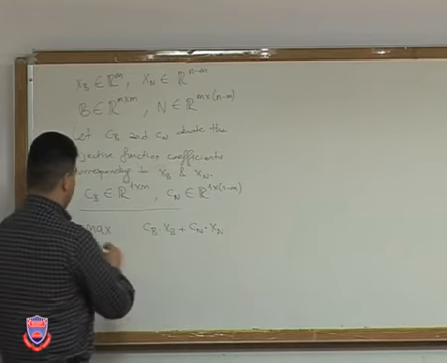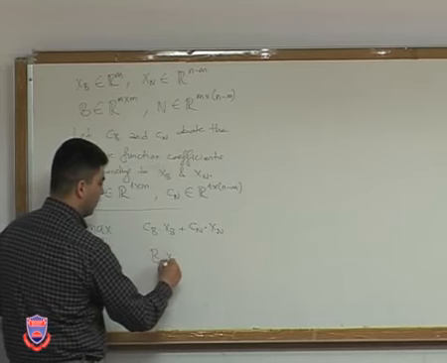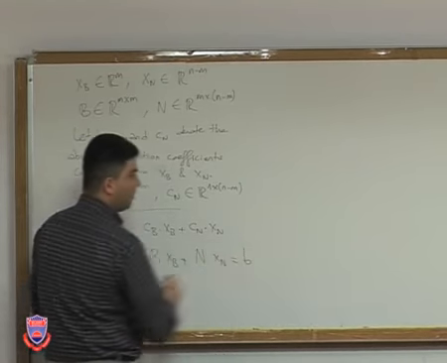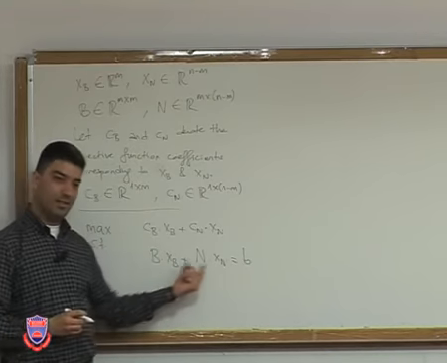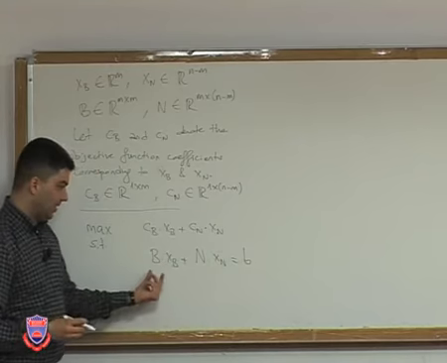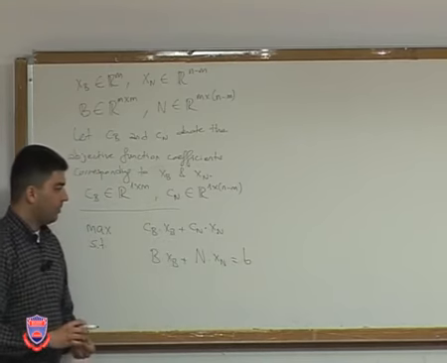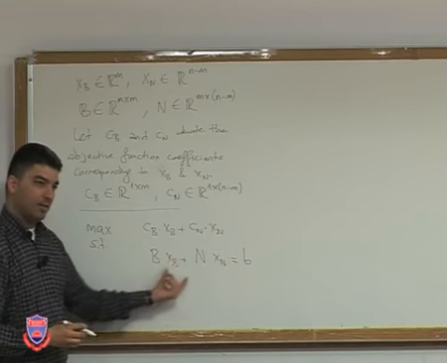Okay? All right. Then I'm going to write my constraints in the following way. So instead of writing it as A times x is equal to b, I'm going to write it as B times xB plus N times xN is equal to b. Again, this is the same thing by the same reasoning. B times xB plus N times xN is exactly the same as A times x, basically, right?